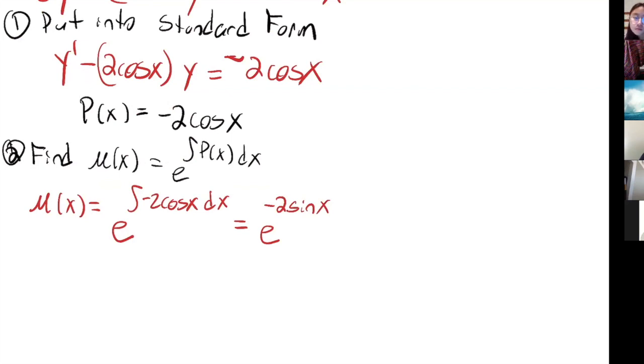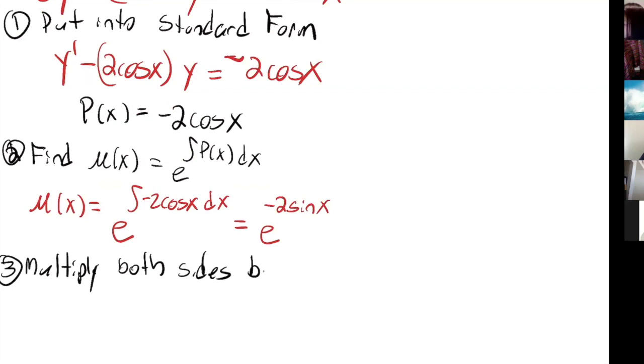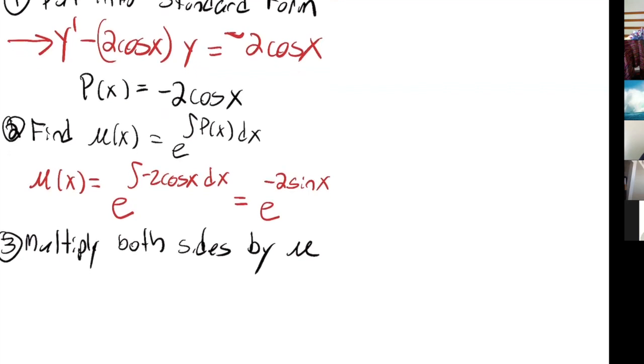And just feel free to yell out if you've got a question. Then we take our differential equation that we had over here, and we're going to multiply both sides of that differential equation by the integrating factor.